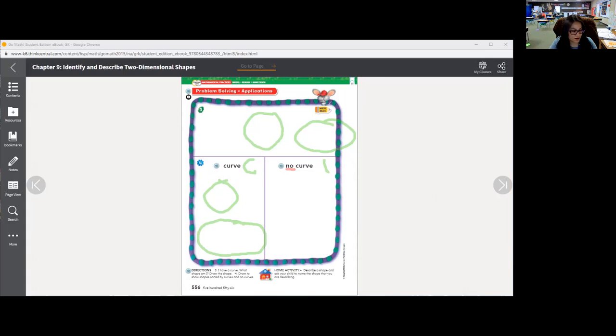Okay, move on. Nizaya, what shape has no curve? Can you tell me a shape that has no curve? Leah and Isaiah, go ahead and turn on your microphone so I can hear each of your shapes that I can draw.